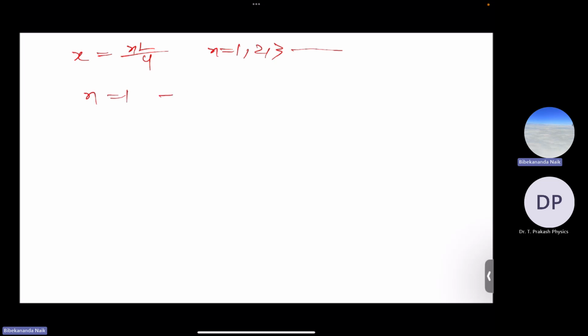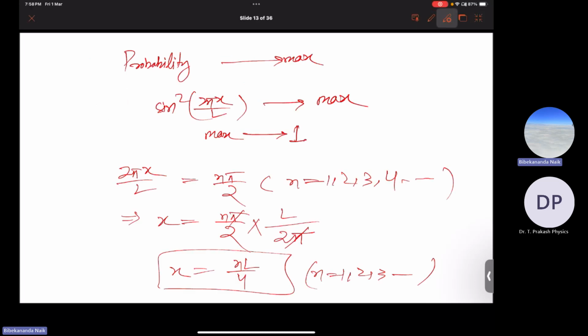So for n equals 1, x will be L by 4, n equals 2, x will be... sorry, here we have made a mistake. For n pi by 2, 2 pi by 2 is again pi.